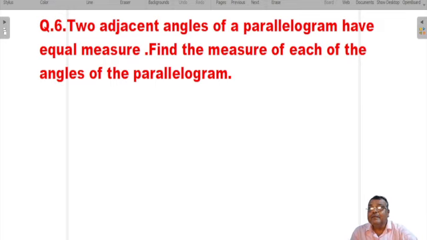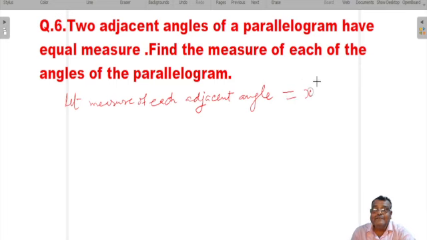If two adjacent angles have equal value, let the measure of each adjacent angle be x degrees.